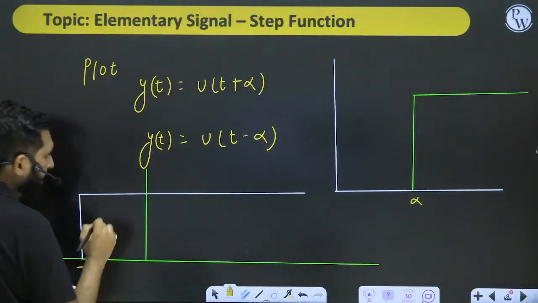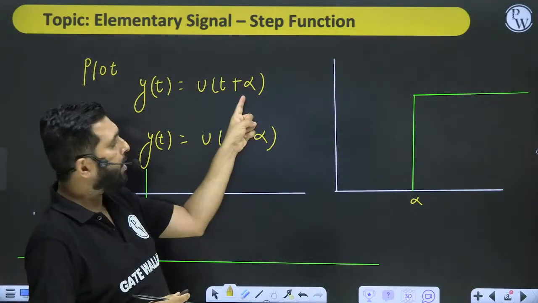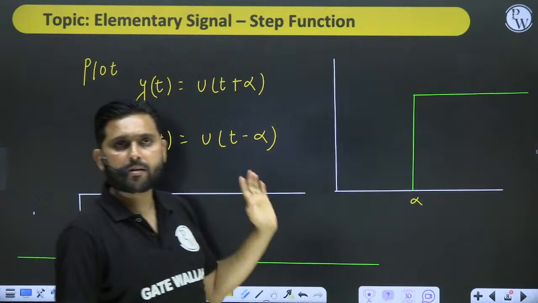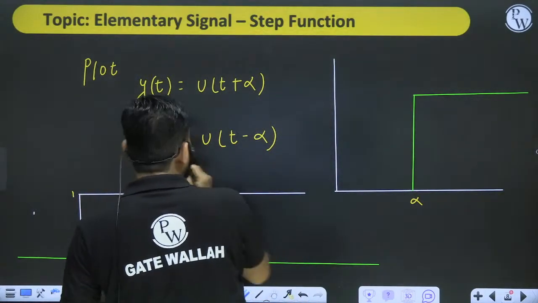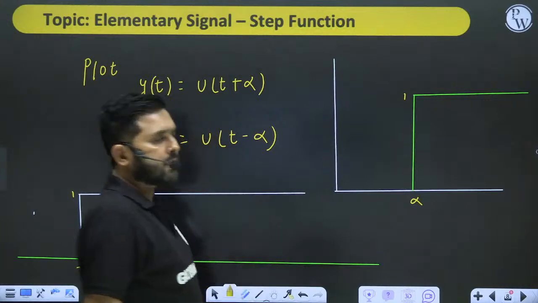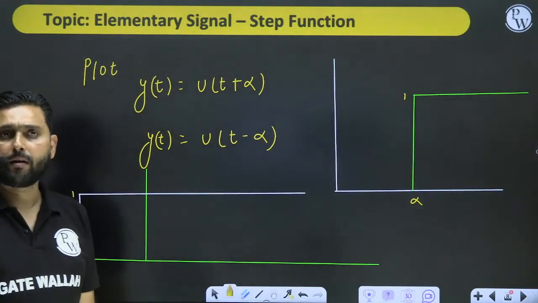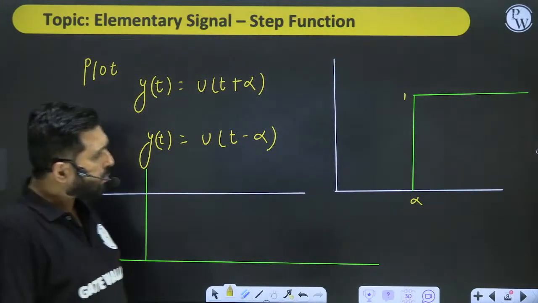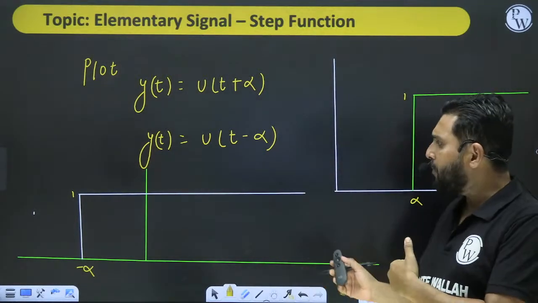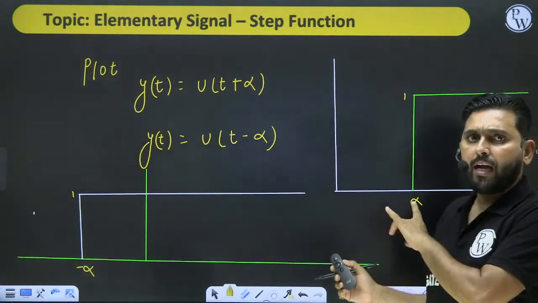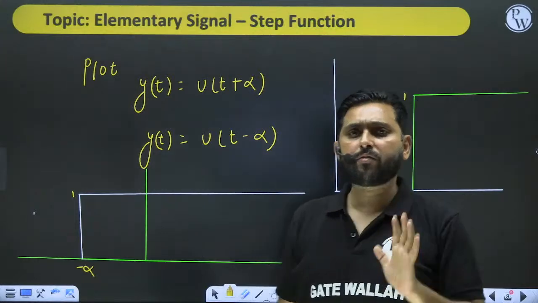So it's left shifted by the factor of alpha. So this means that this value should be 1, this value should be 1, this value should be 1, and this value should be 1. Now listen carefully, ut plus alpha and ut minus alpha is the shifted version of this function.